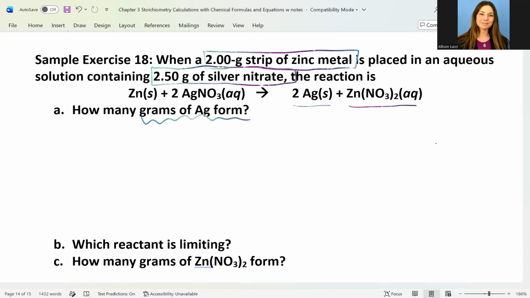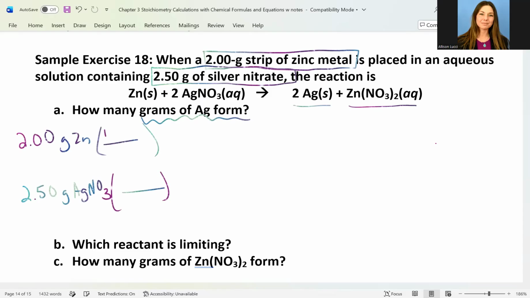So first, let's look at our two reactants. We're given 2.00 grams of zinc, and we're given 2.50 grams of our silver nitrate. So we know that we always have to convert to moles in a first step. For 1 mole of zinc, we could look this up on the periodic table, it is 65.4 grams.